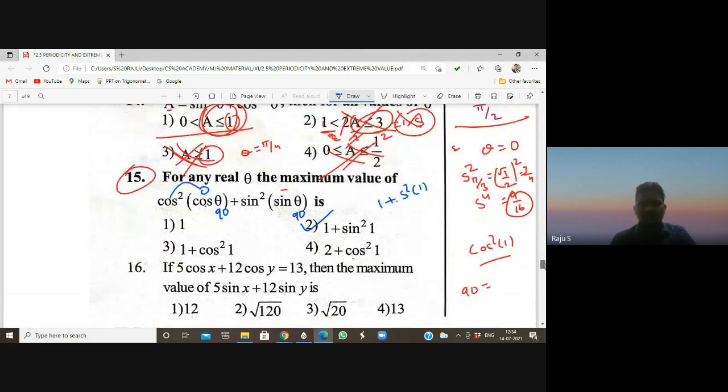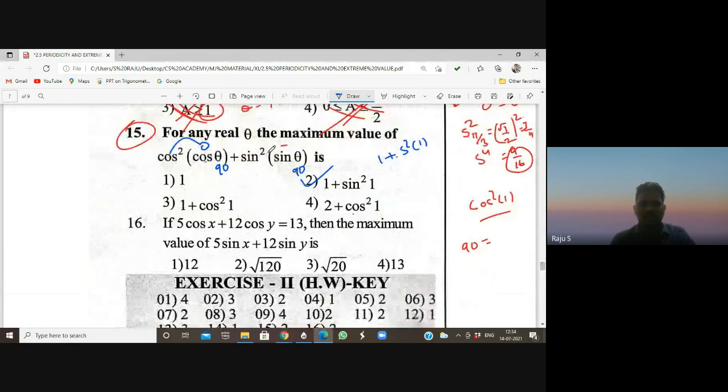Otherwise, you can change this cos square in terms of sine square, like cos square of cos theta we can write as 1 minus sine square of cos theta plus sine square of sine theta. Am I right? So anyhow, here we got 1 minus of this.